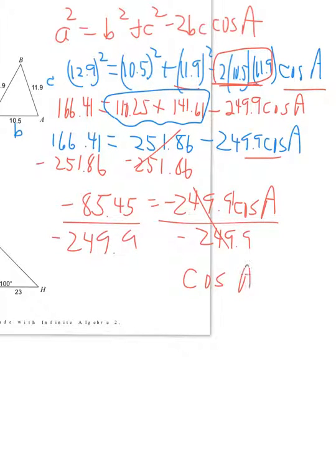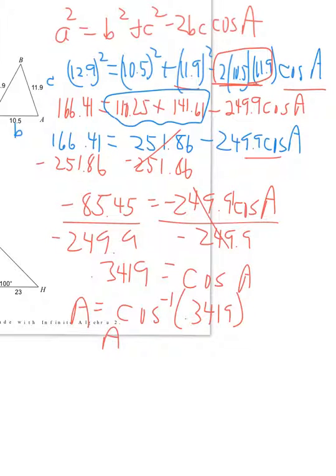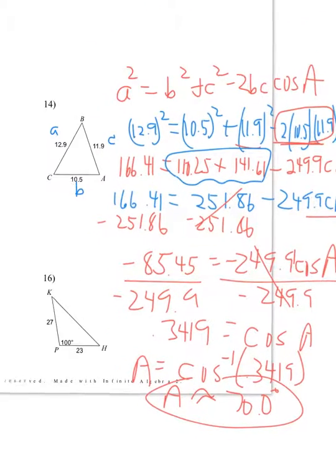So cosine of A is equal to, and I'm going to go to 4 decimal places, about 0.3419. So I do inverse cosine of 0.3419. So if you use that button on your calculator, A is about 70.0 degrees.